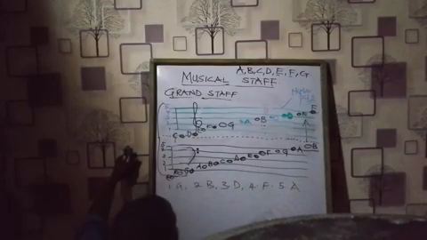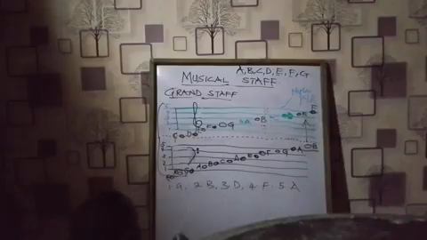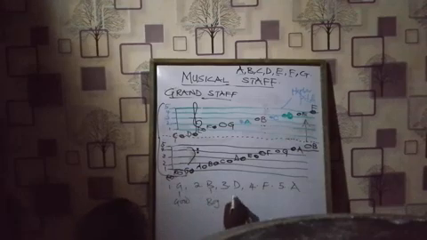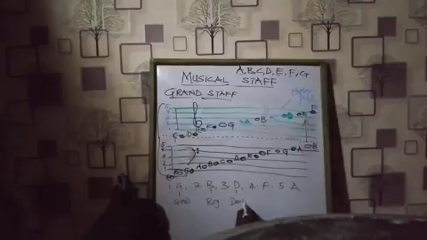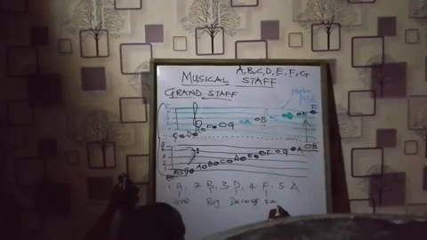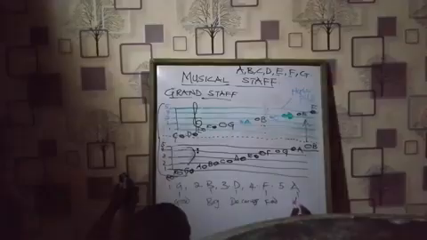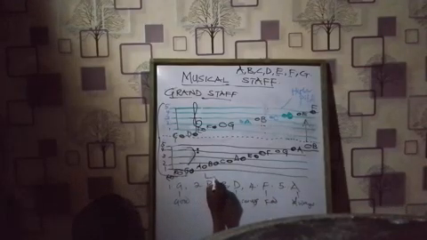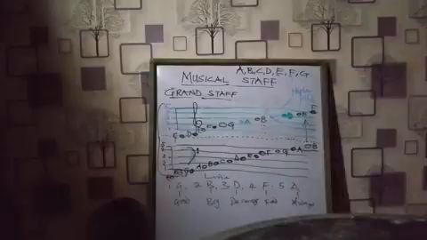You have A. So you can just form an acronym for this, like good boy deserves food always. So you can use this to remember the keys on the line.